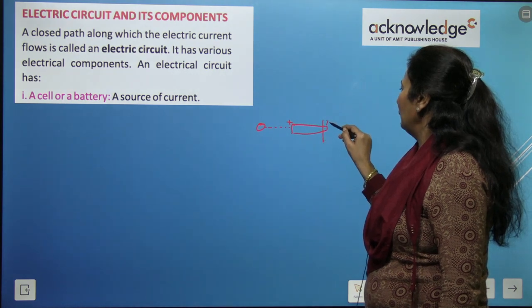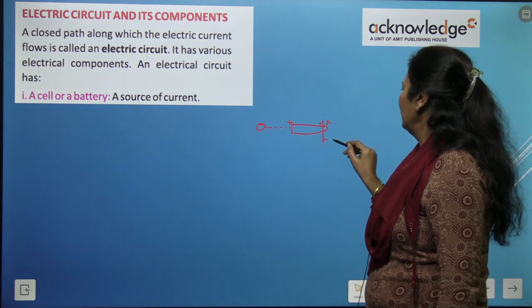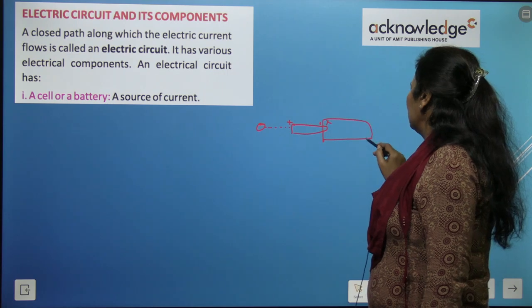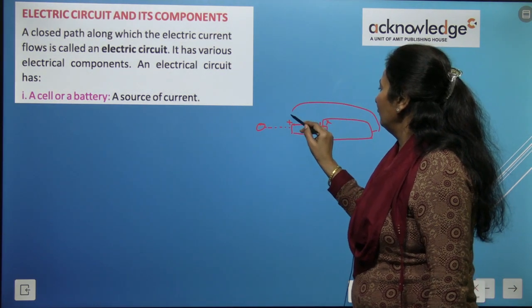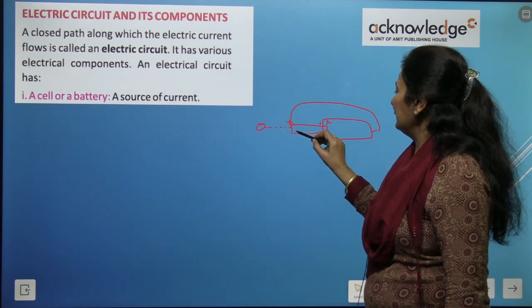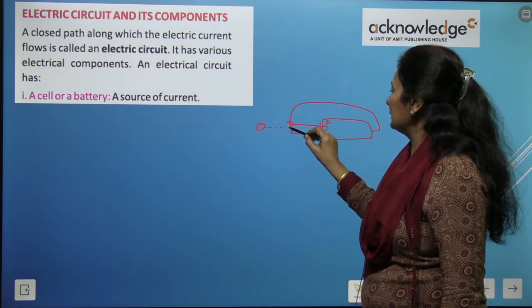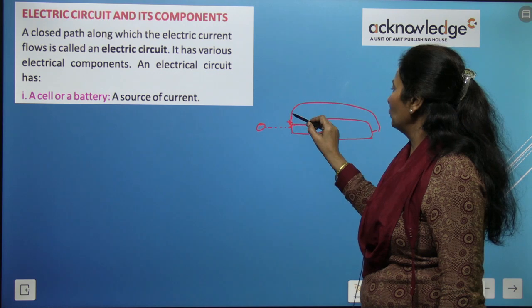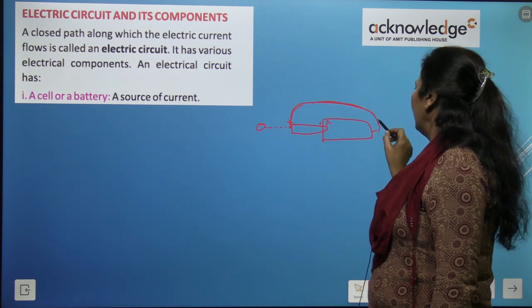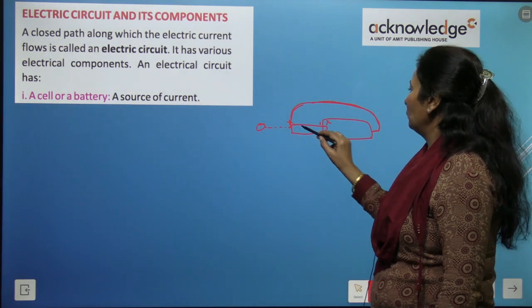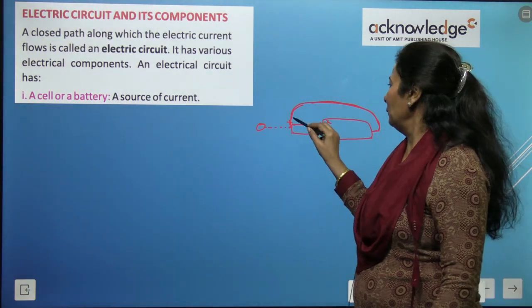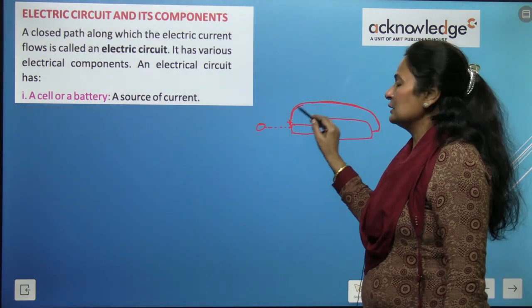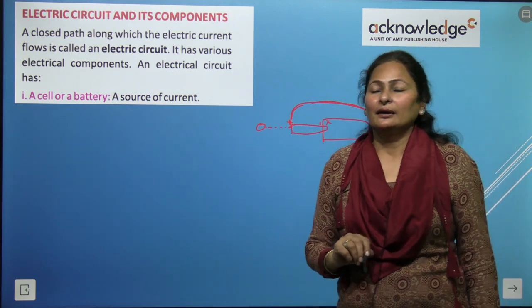This is again the positive terminal, this is the negative terminal, and this is the negative terminal. It is connected with this. So this is the closed circuit because there is no breakage of the circuit. So electricity will flow from positive terminal to the negative terminal, right?